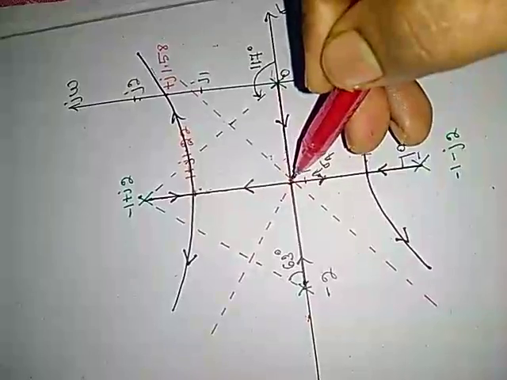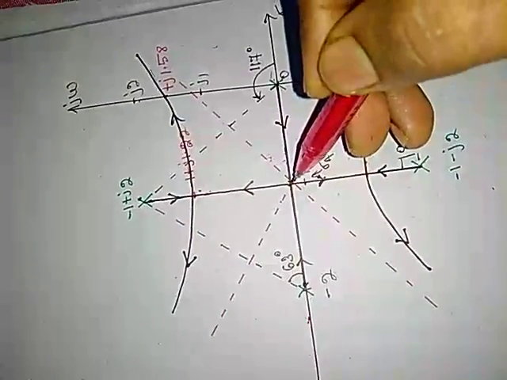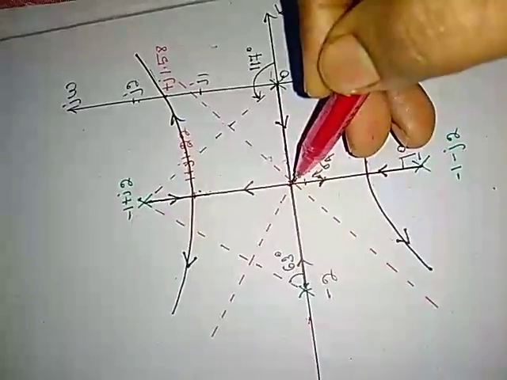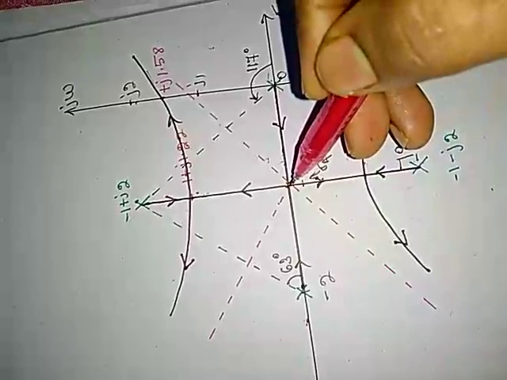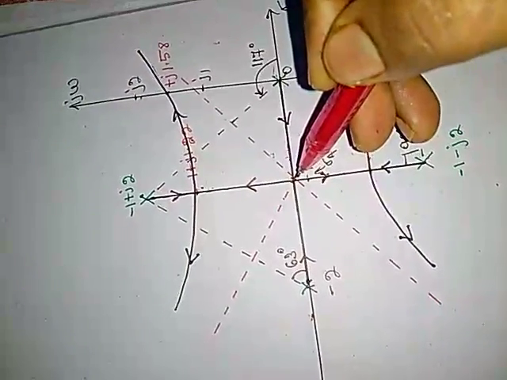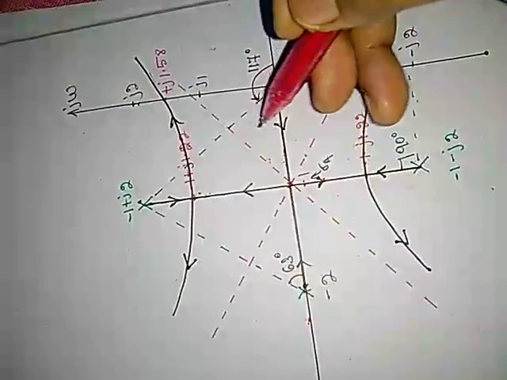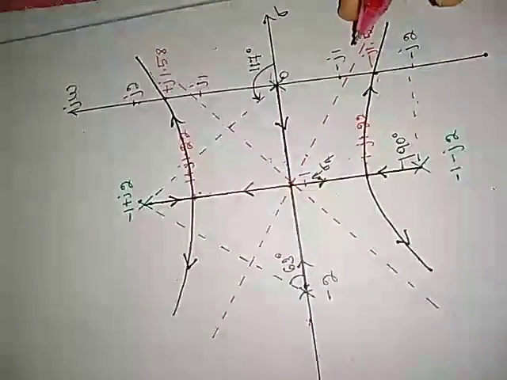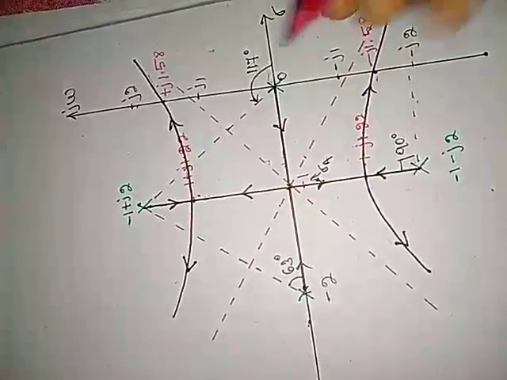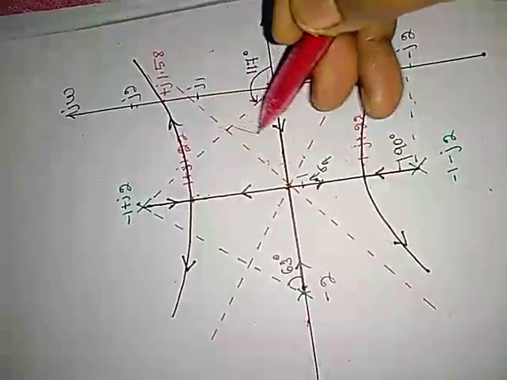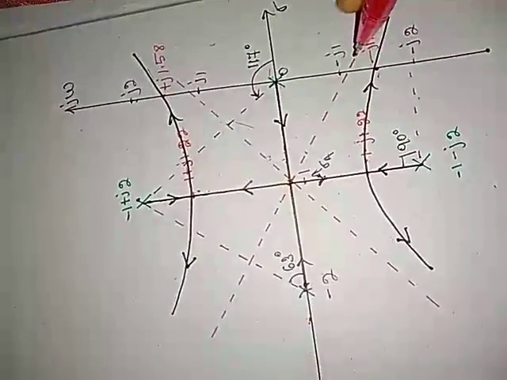Second trick, if the breakaway point is less than the centroid, then your root locus moves towards the imaginary axis like this. You just see my hand movement like this.